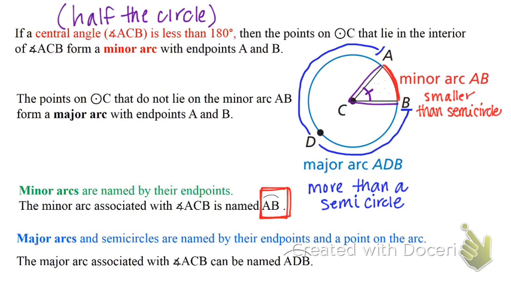So the way that we rename major arcs so that they aren't confusing with minor arcs is we just include one point that's in between the endpoints. So in this case, since D is between A and B, we can call the major arc ADB. And that way we won't confuse it with the minor arc AB.